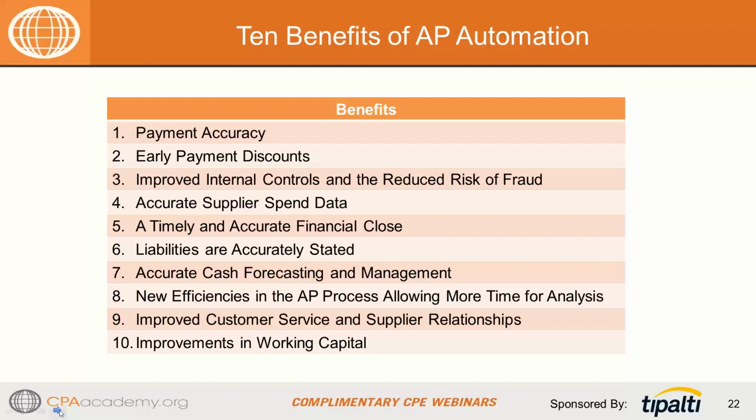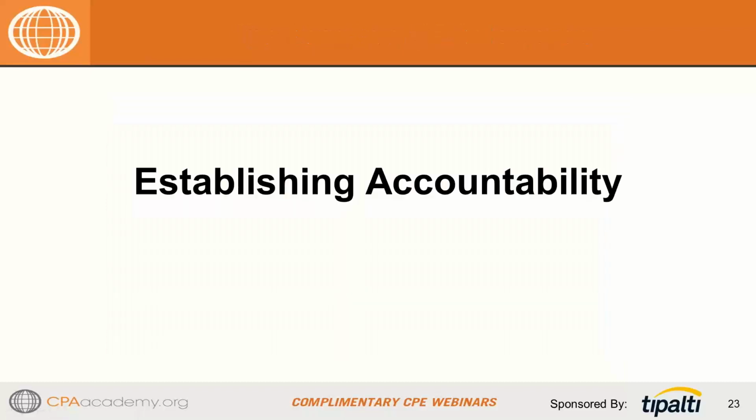What would happen if we damaged supplier relationships with those strategic companies? And then the last one is improvements in working capital. If we're getting in those early payment discounts, we're reducing the cost to process an invoice.